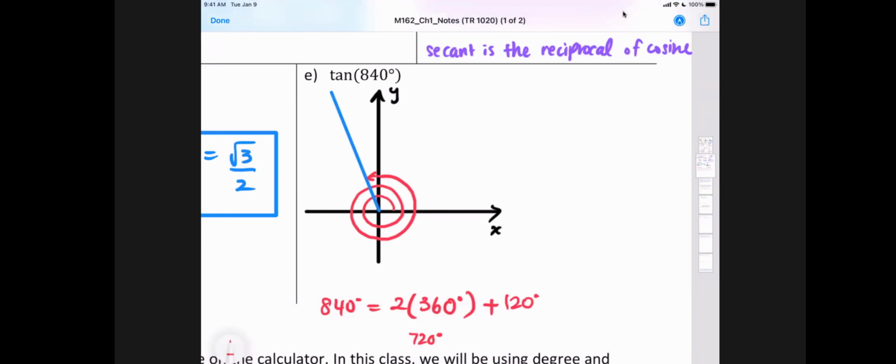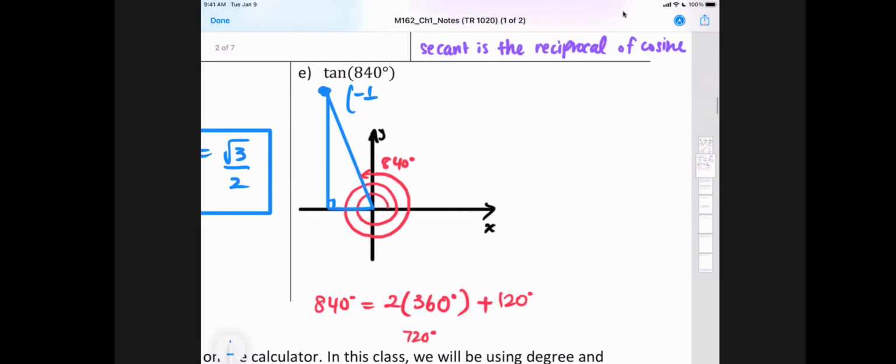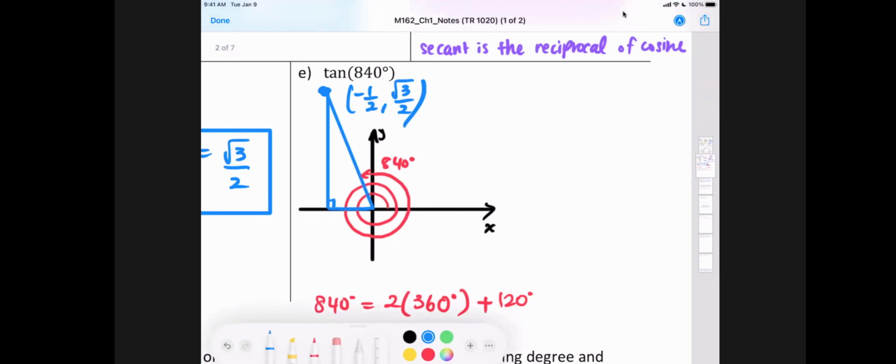And draw our terminal side. So this was an 840 degree angle, and there's our terminating side, our coordinate point, and we drop down the leg to the x-axis. Our shorter leg is on x, so that gets negative 1/2, and our y gets the longer leg, which is positive square root of 3 over 2.